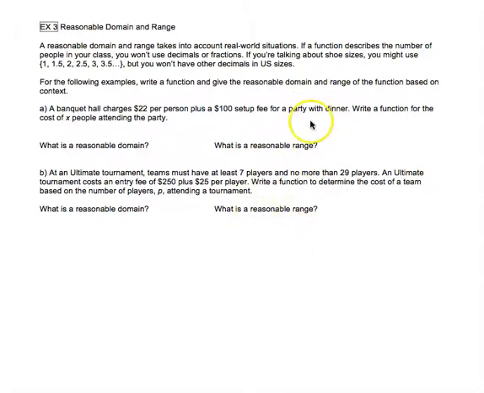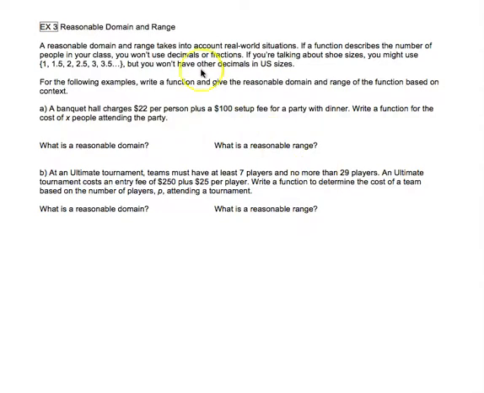It could only be whole numbers. However, if we're talking about shoe sizes, we might include whole numbers. Actually, we would include natural numbers plus half sizes, but you wouldn't have any other decimal points. So the real world context really tells you what your domain should be.